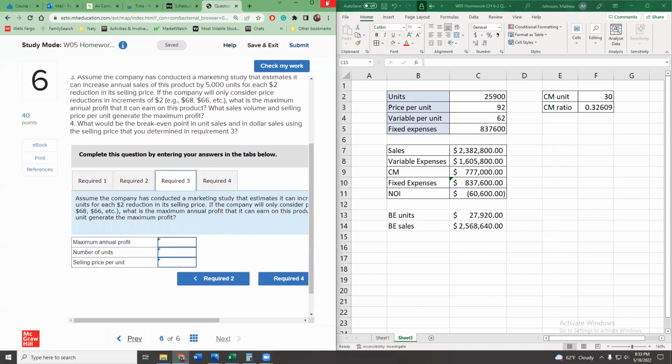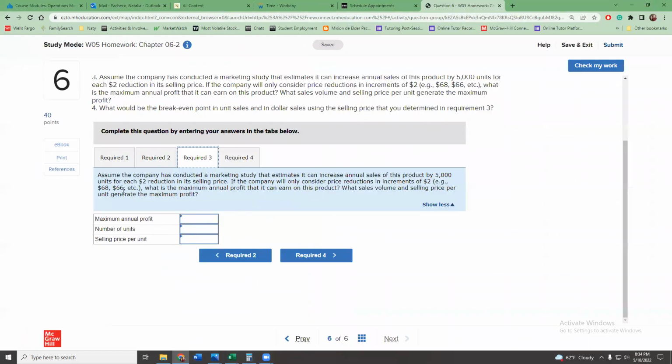Now, requirement 3 is where things get more complicated, because they say they're doing a marketing study. Let's just read it. It estimates it can increase annual sales of this product by 5,000 units for each $2 reduction in its selling price.